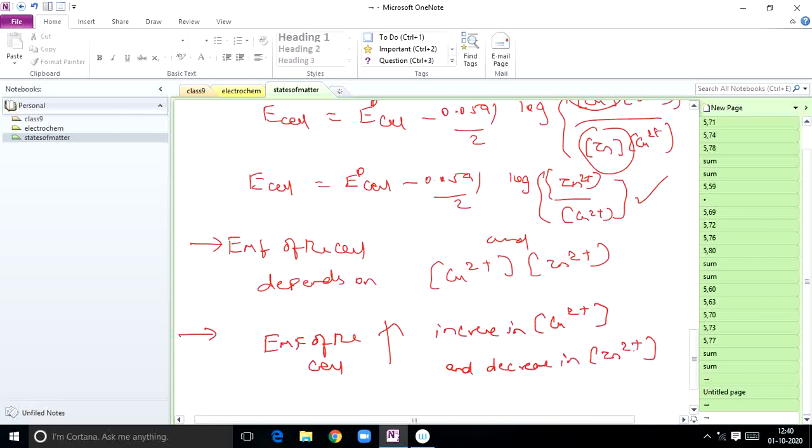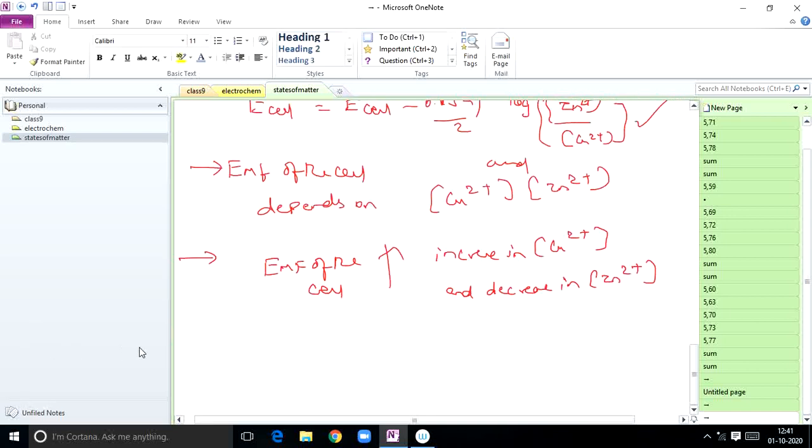That is very, very important. EMF of the cell for this electrode reaction increases because it is minus there, minus log of it is given. So that's why EMF of the cell increases with increase in concentration of Cu2 plus and decrease in concentration of Zn2 plus ions. Okay, that is an important point. So I think you understood, students.